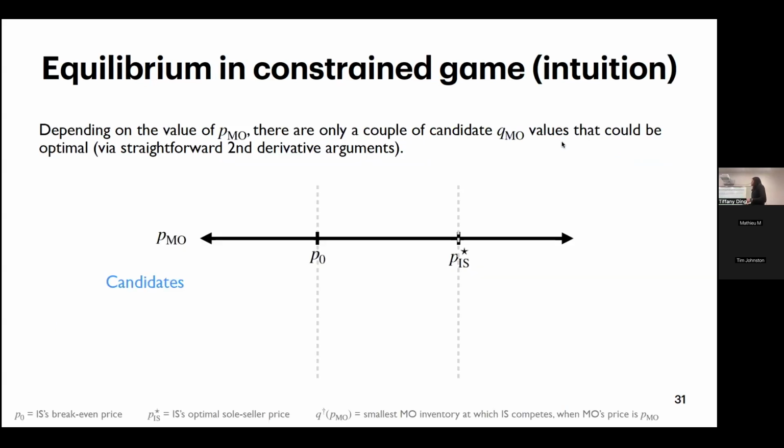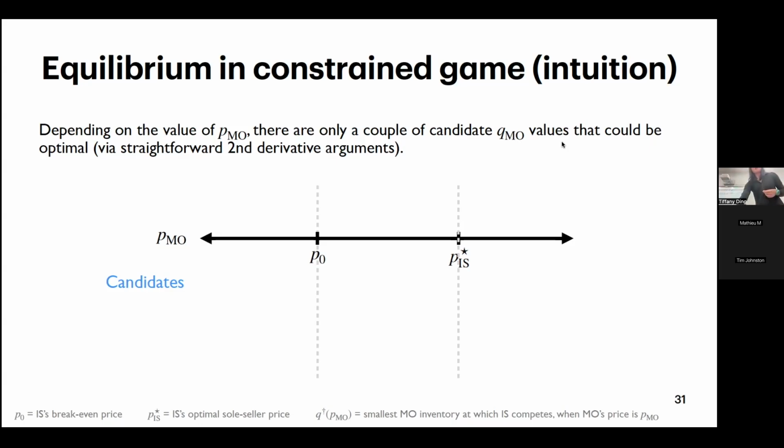Via some straightforward second derivative arguments, we can show that depending on the value of PMO, there are only a couple of candidates that could be optimal for the inventory that the marketplace operator should set.